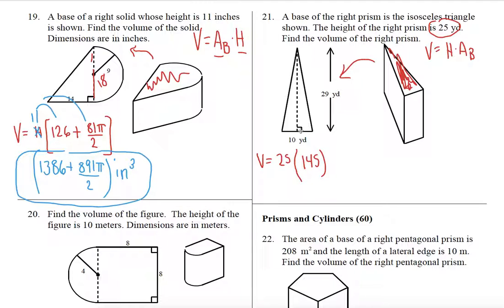And then all we have to do there is multiply, so 25 times 145, and we get our answer, which is 3,625 yards cubed. This one's a little easier than the previous one because there's no pi expression in there, nothing too complicated.